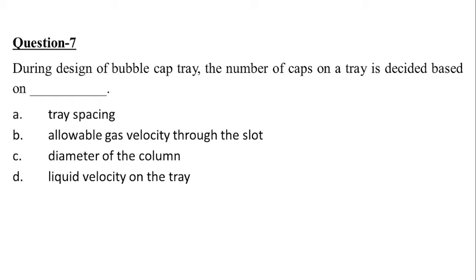So in the design of a bubble cap tray, what are the factors that are used to determine number of caps on a tray? Four options are given: tray spacing, allowable gas velocity through the slot, diameter of column, liquid velocity on the tray.